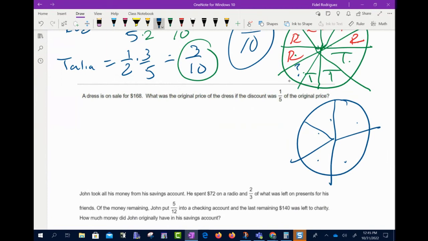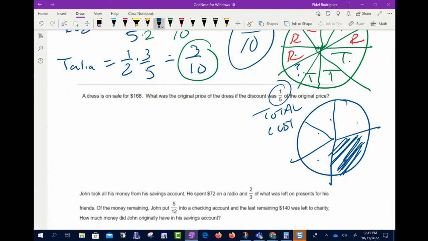So look, y'all, this is what they did. This circle here, y'all, represents, say, the total cost, right? Okay, the reason why I cut it up into 5 equal pieces is because my denominator here was 5. So look what they did. They said they discounted 1/5. So what does that mean that they did? They took away one of those pieces, right?